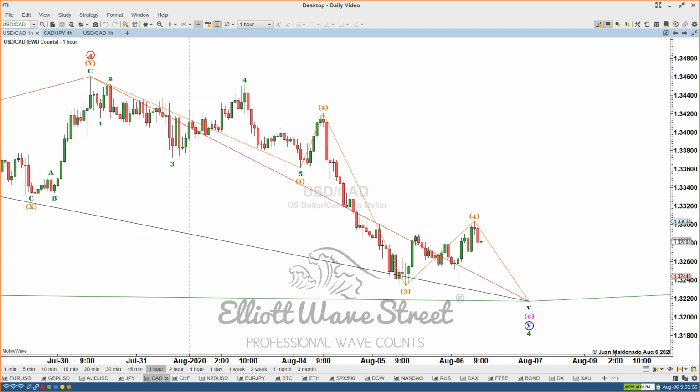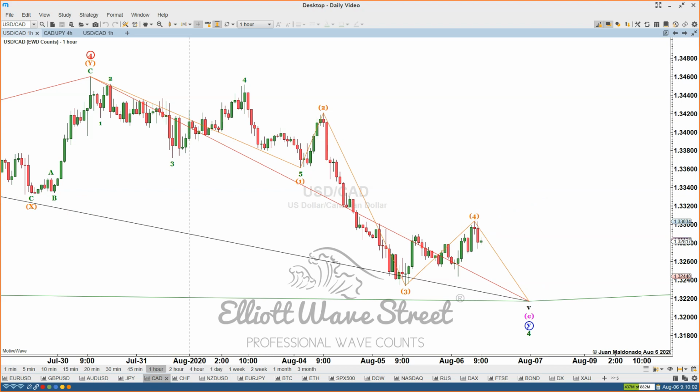On the dollar CAD, in terms of Elliott, I'm looking for the wave 5 with a minimum risk, tiny risk. The target is here at the previous low, where I'm planning to take some profits, and I triggered my trade at 85.